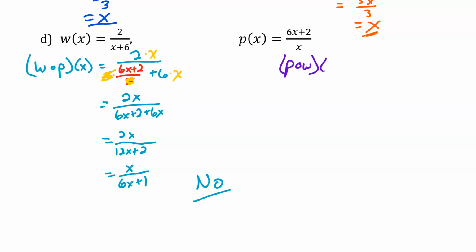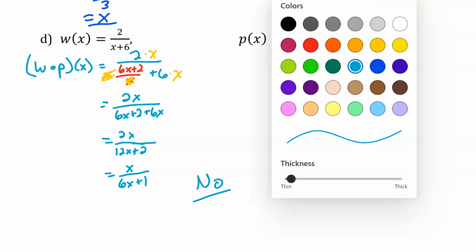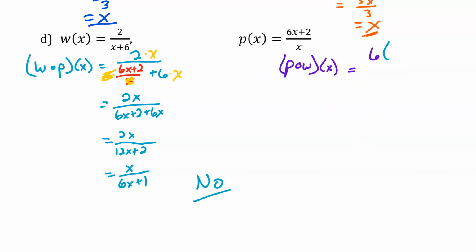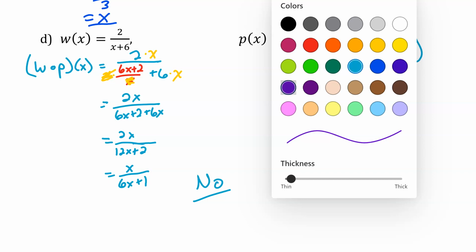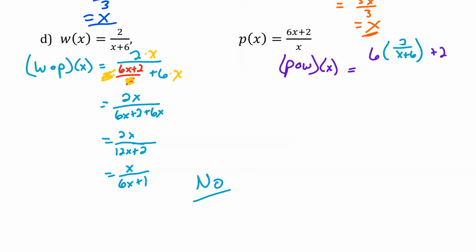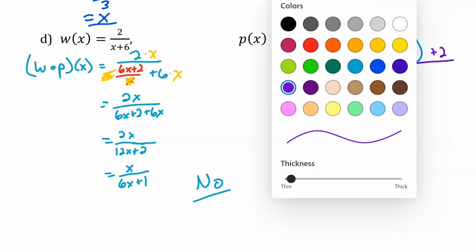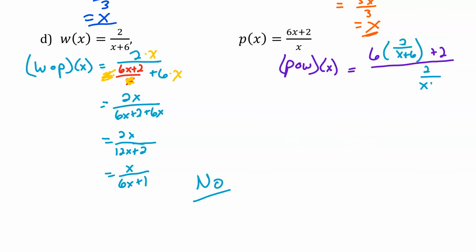I would start out with 6, and then I would put in a 2 over an x plus 6, plus 2 over a 2 over x plus 6, because these would be where my x's are.